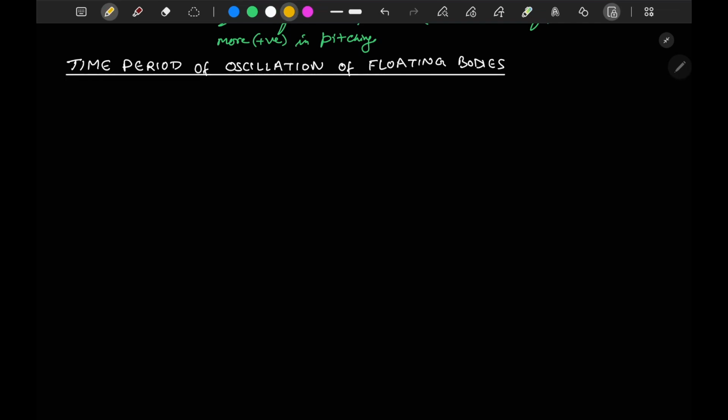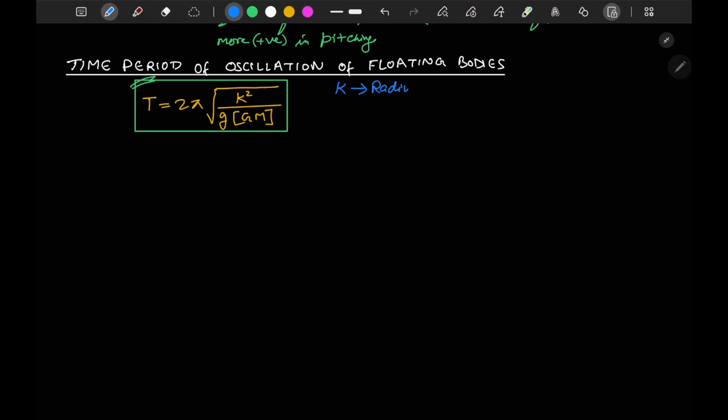The relation is given by T equal to 2 pi times root of k square divided by g times GM. Here k is your radius of gyration, and GM is of course your metacentric height.